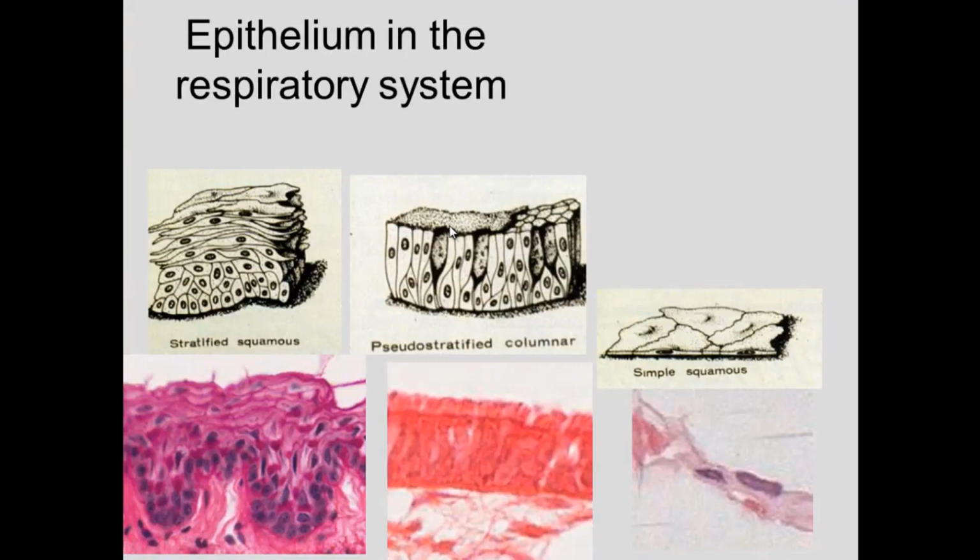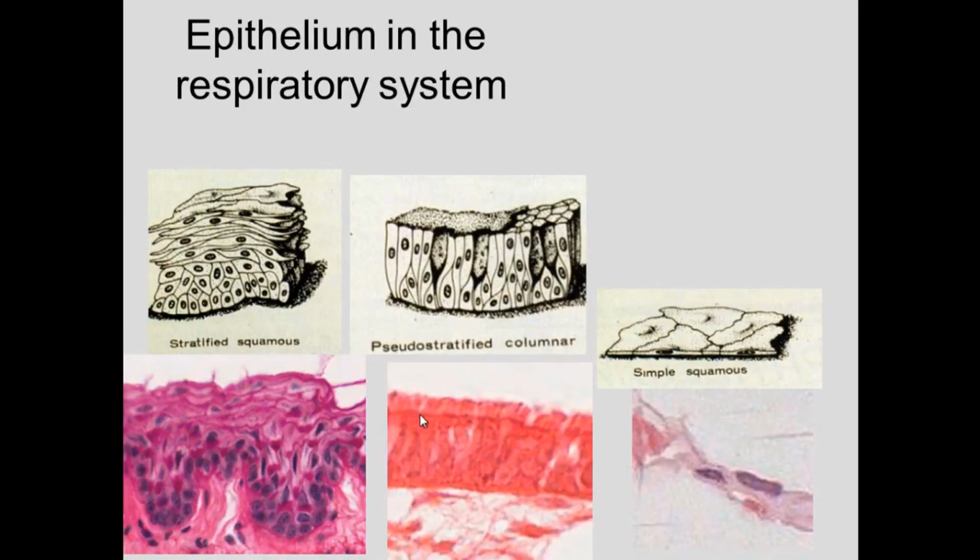Now there are different types of epithelial cells that are located in the respiratory system. One of those is stratified squamous epithelium. You may have that on the outside and the inside of your nose. Another type is pseudostratified columnar epithelium, ciliated and goblet cells.